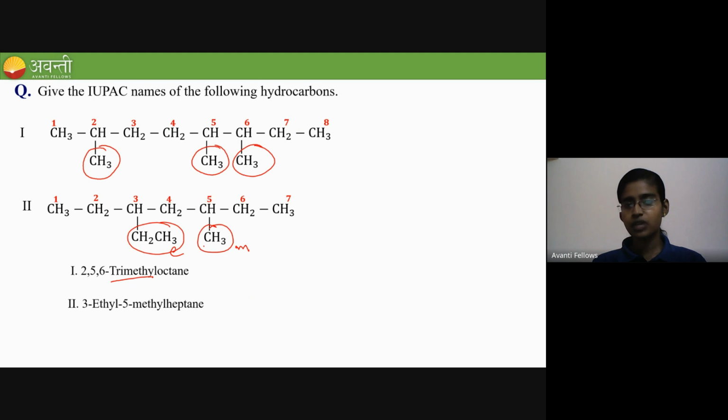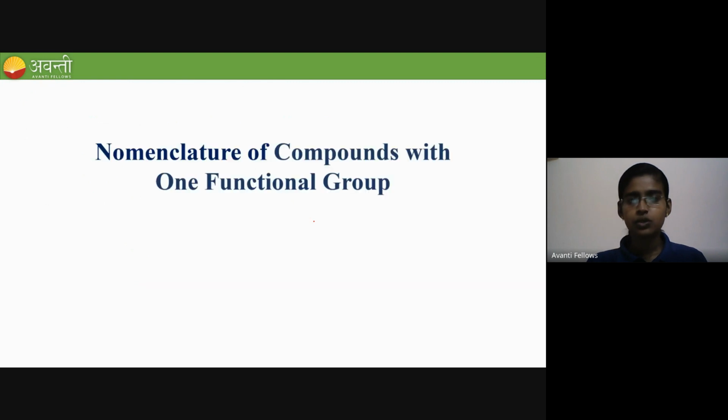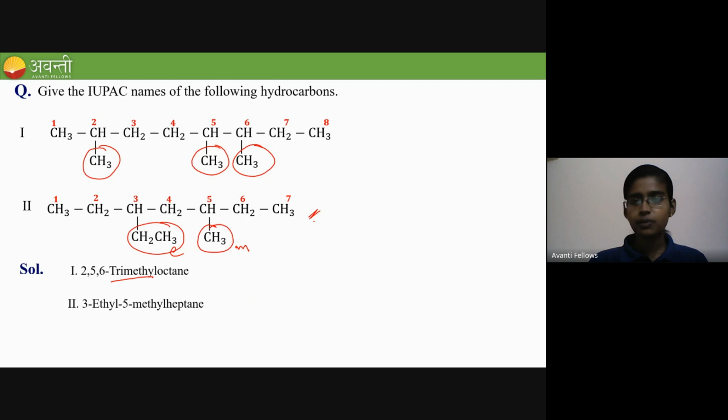For the second compound, if you number from left to right you get 3 and 5, and from right to left also 3 and 5. In that case you follow the alphabetical listing, so left to right numbering is followed here. Clear? The nomenclature of compounds with one functional group I'll discuss tomorrow.